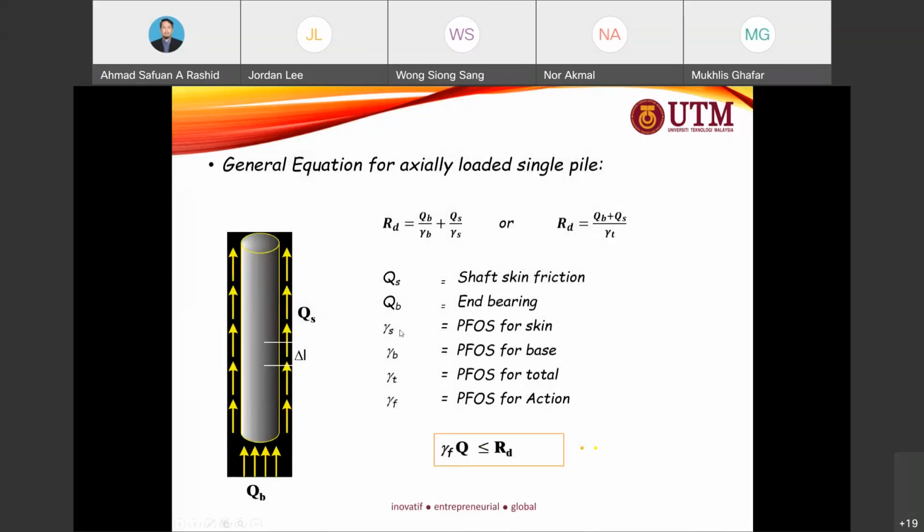Then we have gamma S for skin, and partial factor for base. Or we can use the total, to get the total without differentiating between the skin and the base.